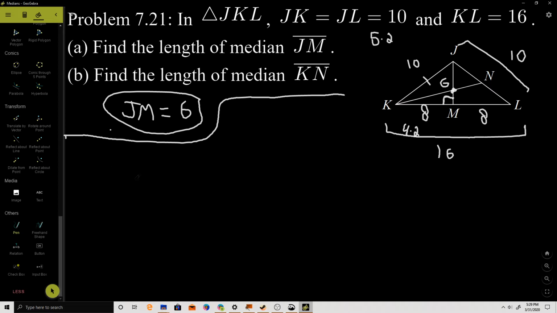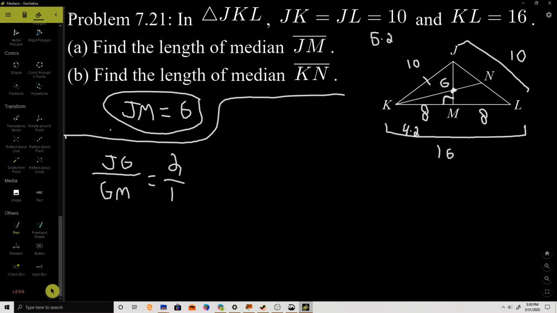So JG over GM forms a 2-to-1 ratio. Now, why am I so interested in this? Well, if I can find out what GM is, I can easily figure out what KG is by using Pythagorean theorem. So I need to find out what GM is.